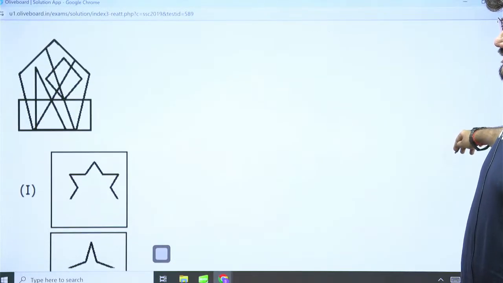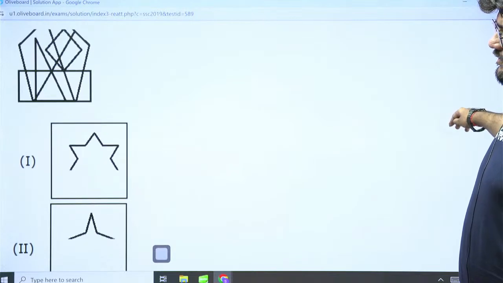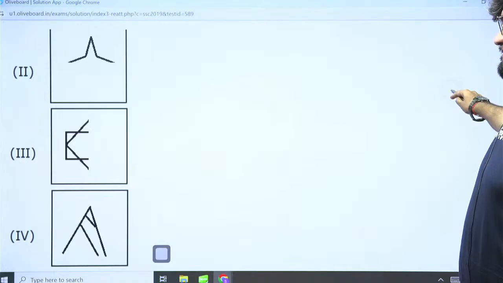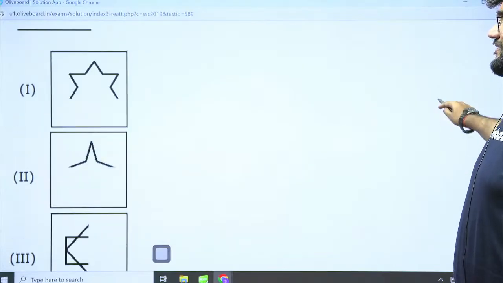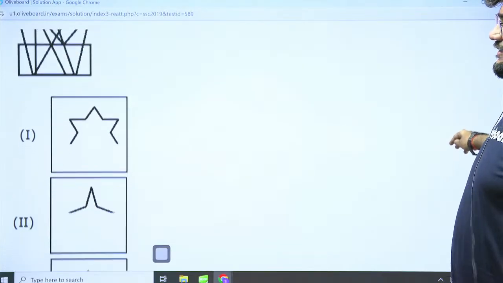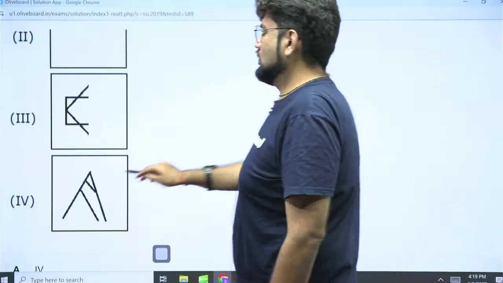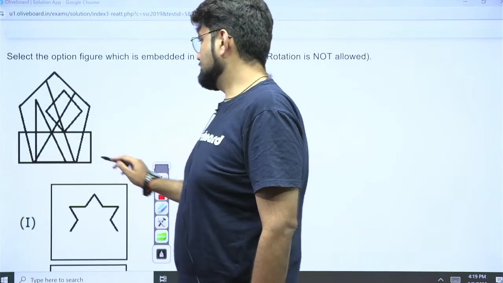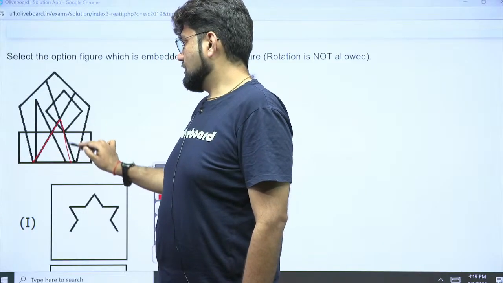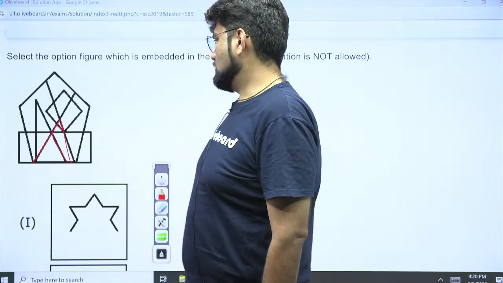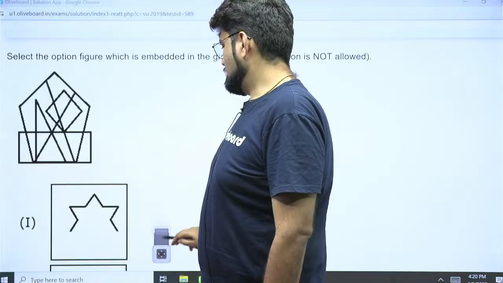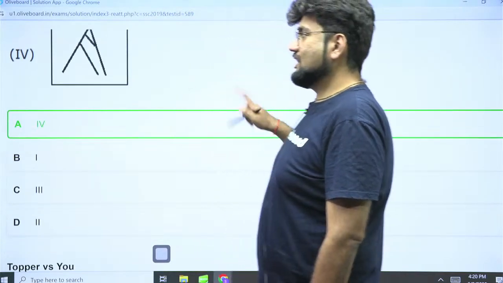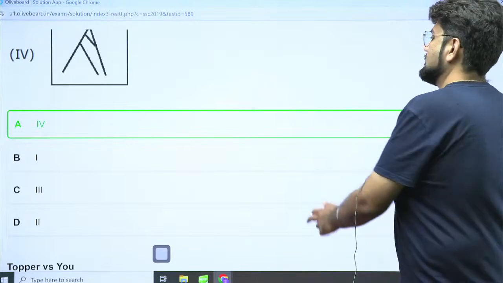Nope. Triangle with these two lines. Yeah, it's there. We can see figure 4 clearly just by observation, nothing else. I think here it is. The others don't make sense. Okay. So option 4 is my correct answer, isn't it? Option A, figure 4 is the right answer. Next.